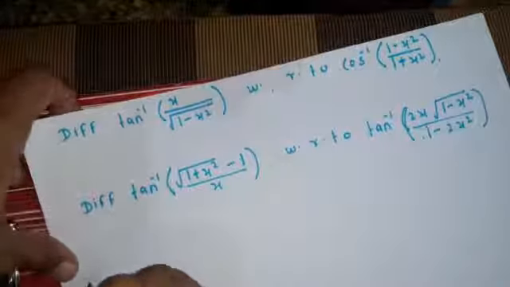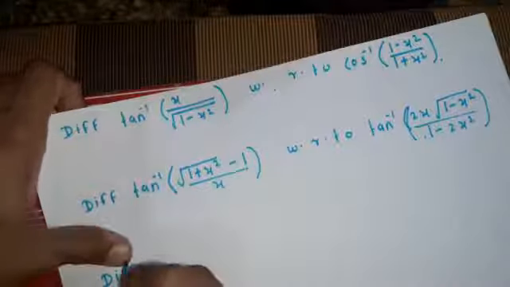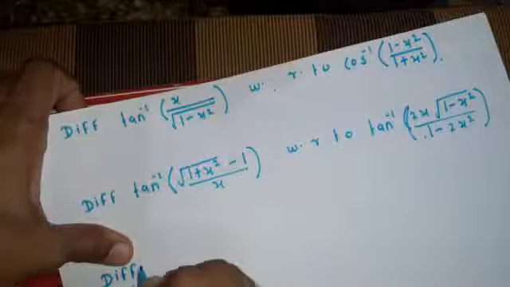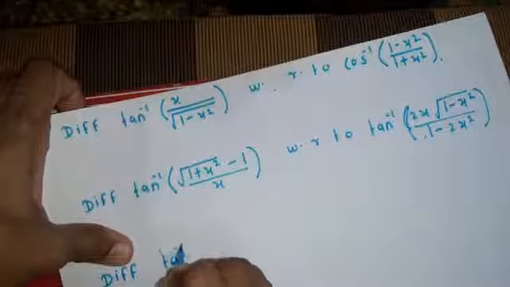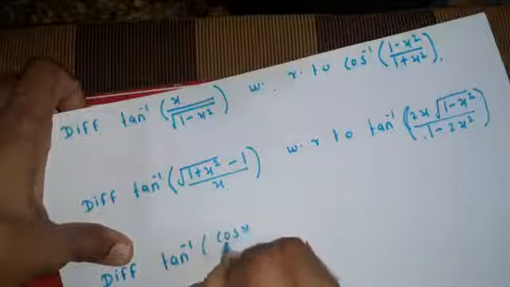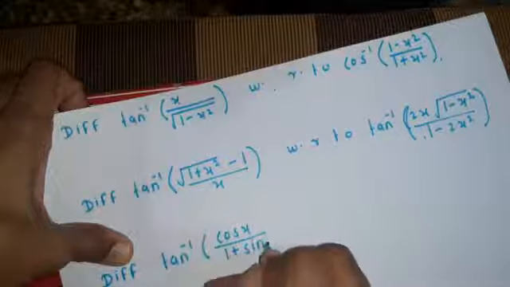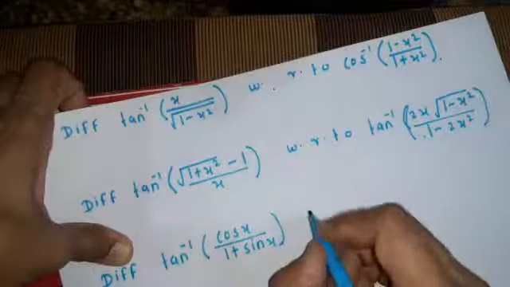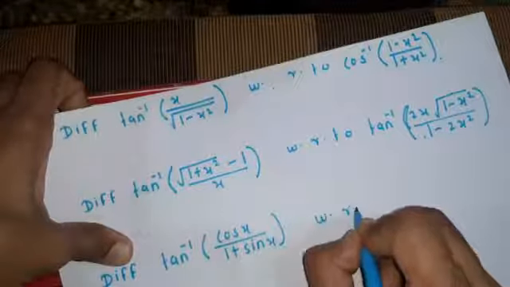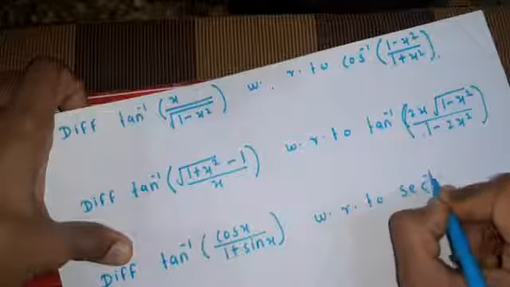Then one more is, differentiate tan inverse of cos x upon 1 plus sin x with respect to sec inverse of x.